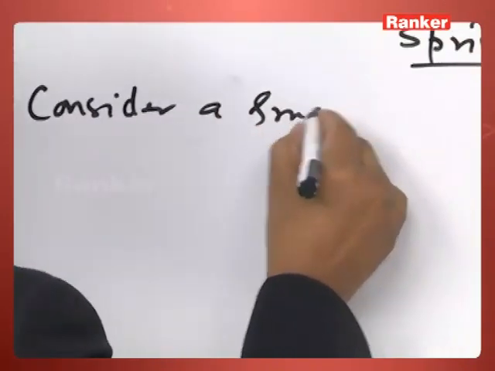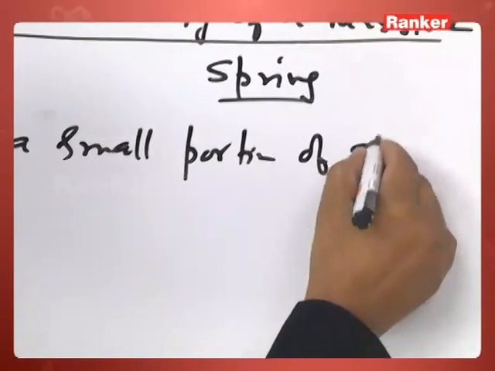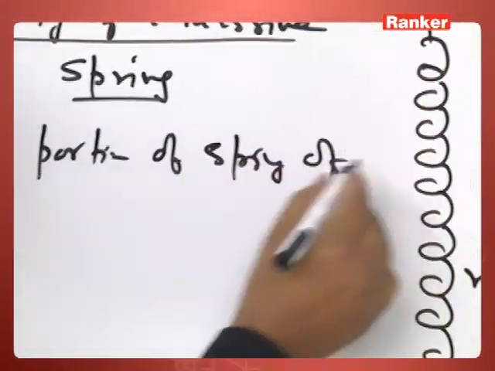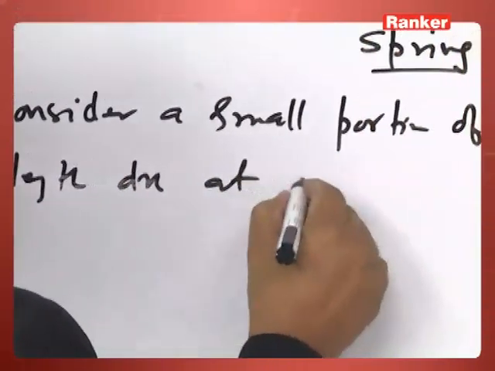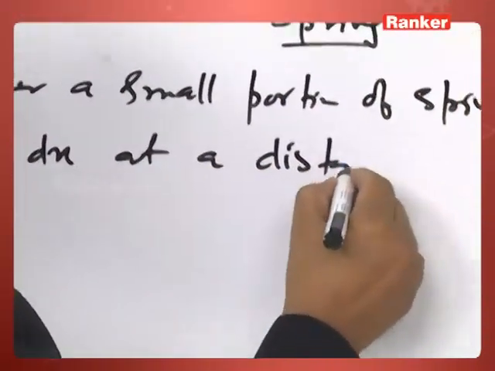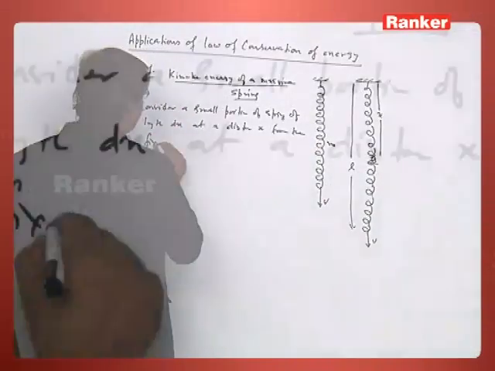Consider a small portion of spring of length dx at a distance x from the fixed end.